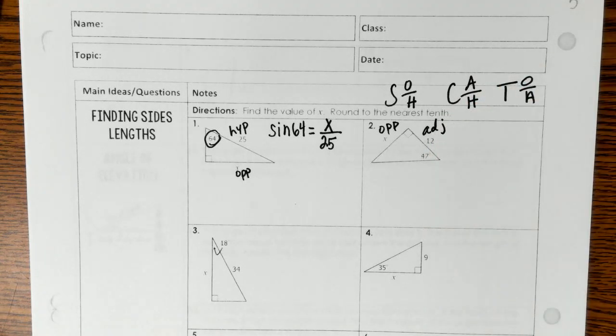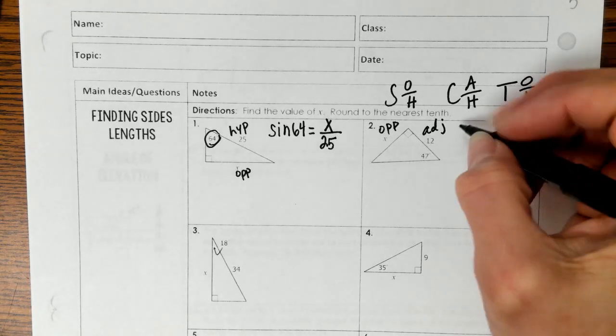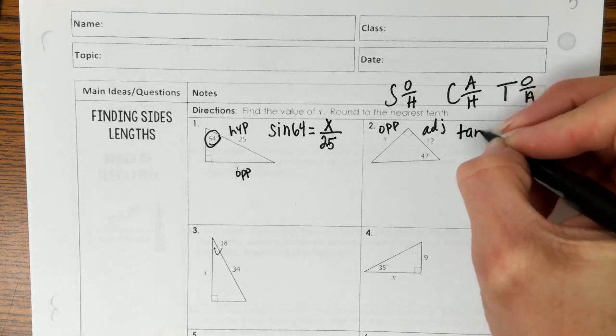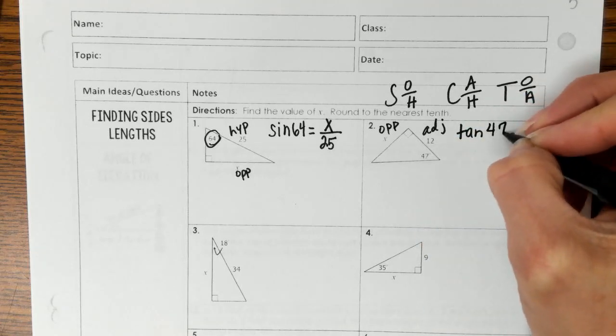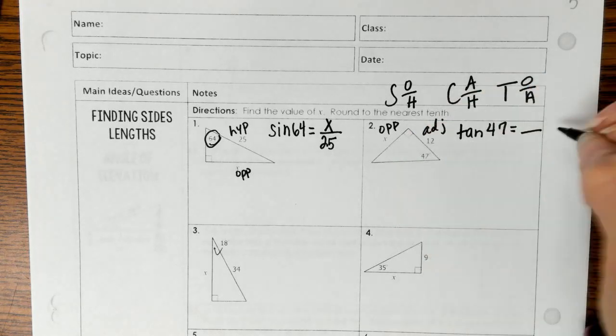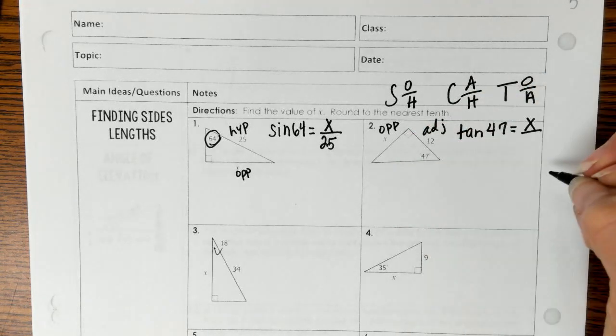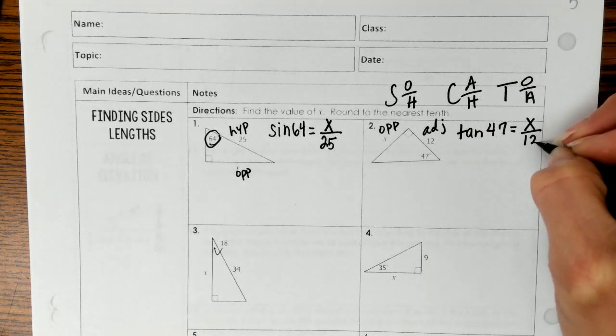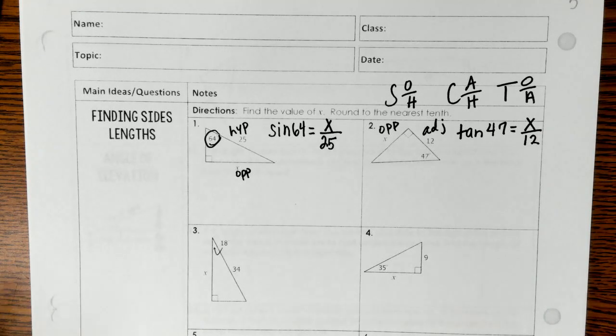Okay, so I need to use O and A. Well, if we use O and A, this problem is going to use tangent. That's good. So we're going to do tangent of the 47 equals the O number, which is X, over the A number, which would be our 12. And that problem is now set up, ready for us to work.